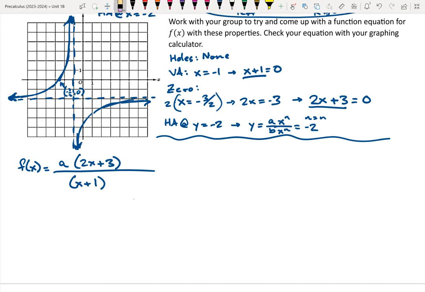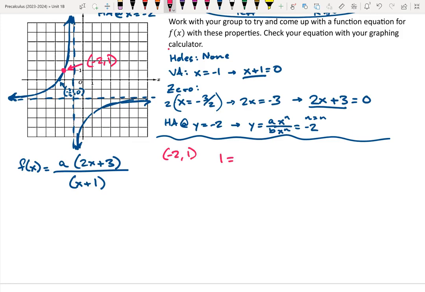Now, just like the other ones that we've done, we want to find that value for a. So we are going to pick a point. I'm looking at this and I see a point right here. It looks to be (-2, 1). So let's go ahead and use that, (-2, 1), and see what a value we get.